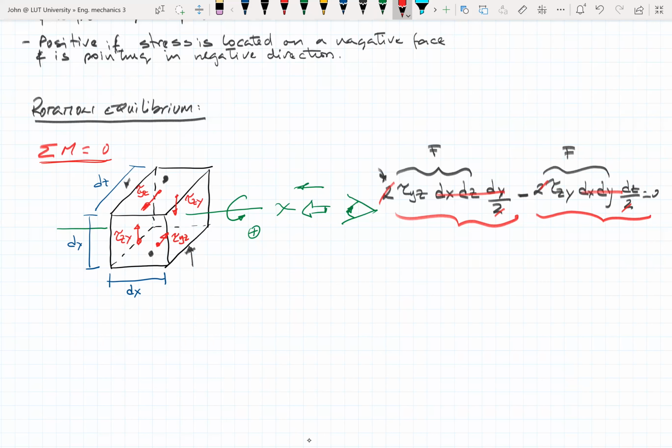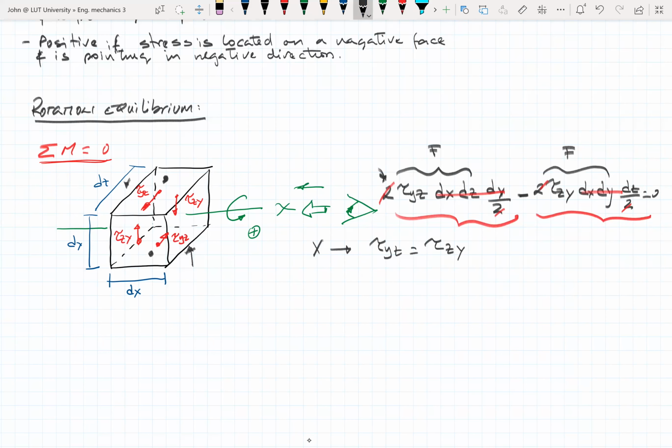I'm going to end up saying that, let me change the color here, shear stress yz equals shear stress zy. This is done in the x-axis.